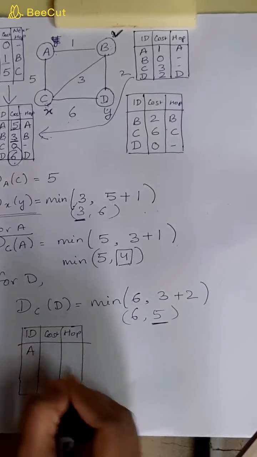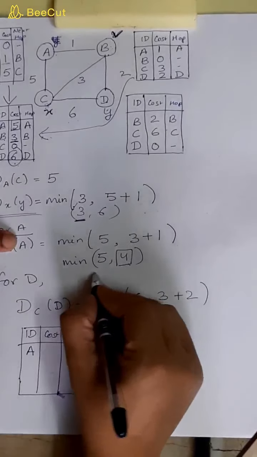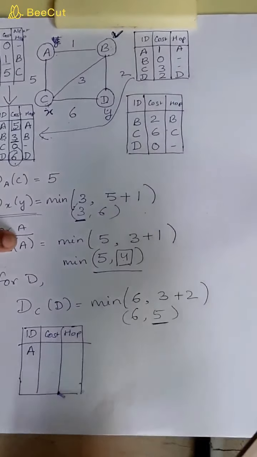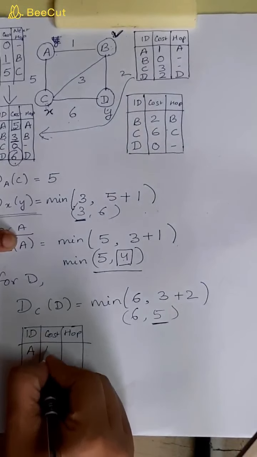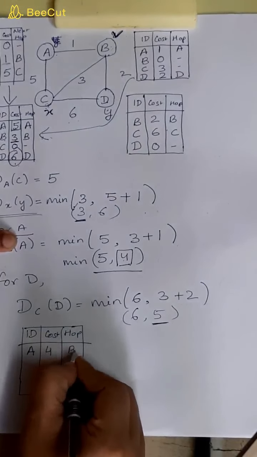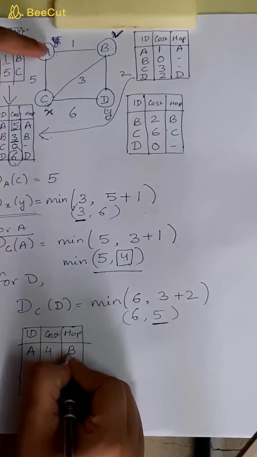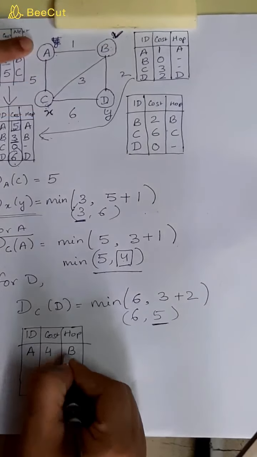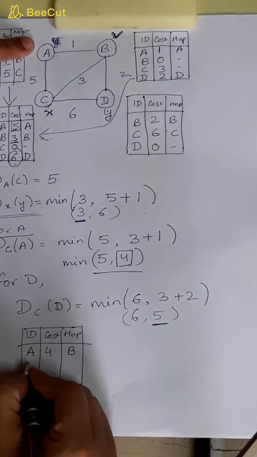So to go to A, we have seen that via B we were getting the less cost, so we'll write cost as 4, and the next hop will be now B, because to reach A we are not taking the direct link, we are taking via B. So next hop will be B.